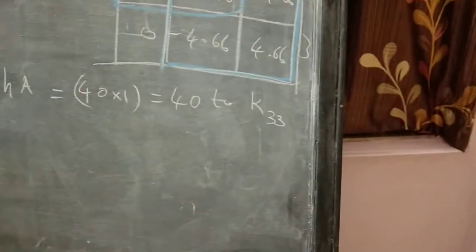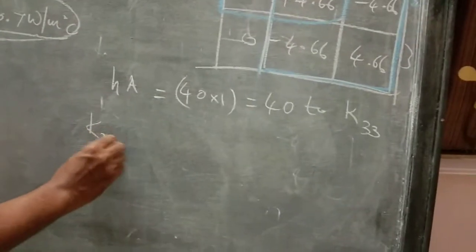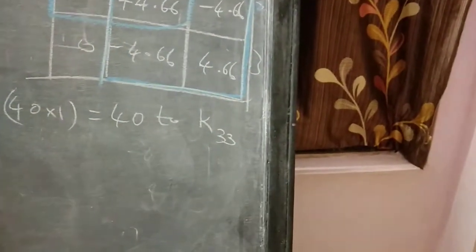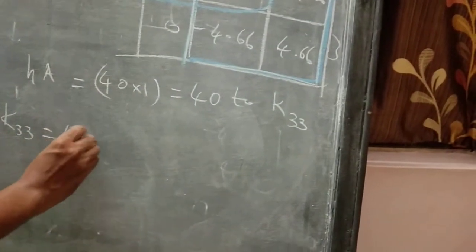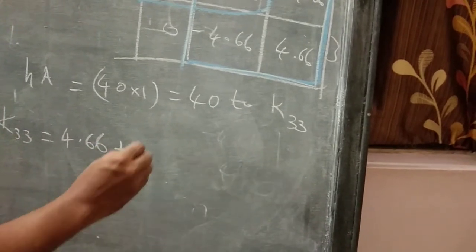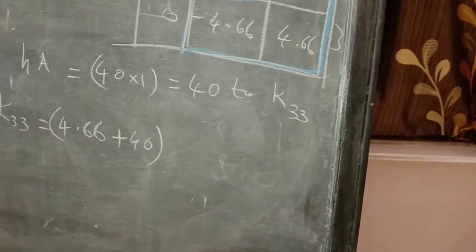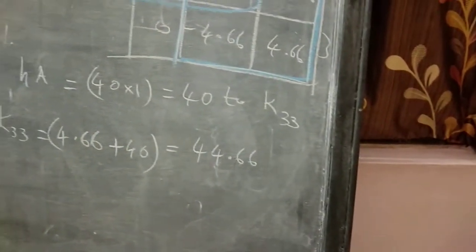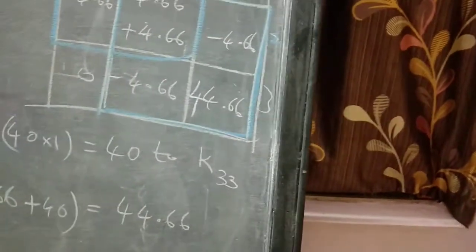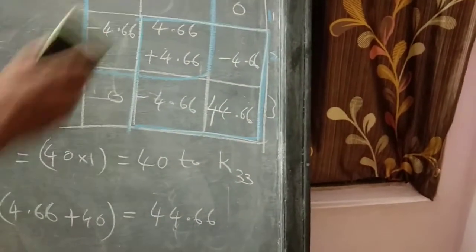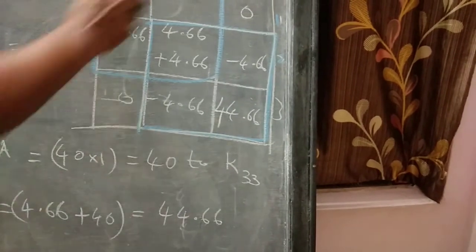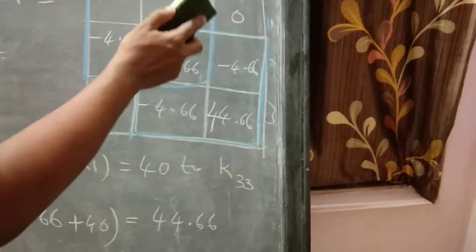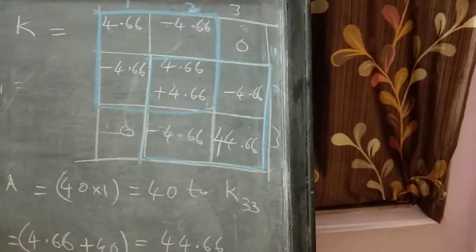K33 is 4.66, so 4.66 plus 40 gives 44.66. Now this term has become 44.66. Once you add it, we get the global matrix K, the global thermal stiffness matrix considering conduction and convection.